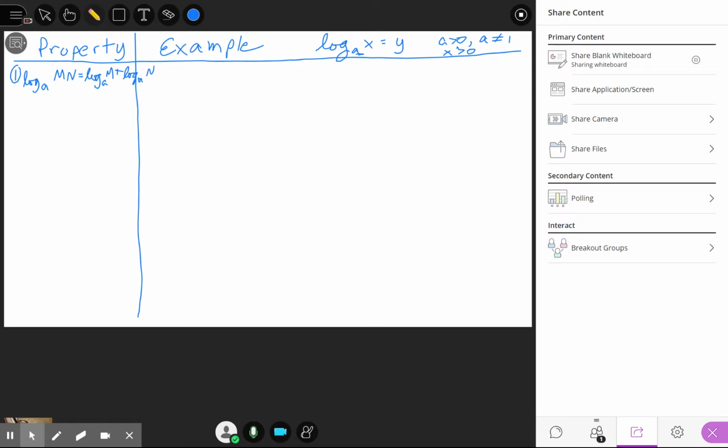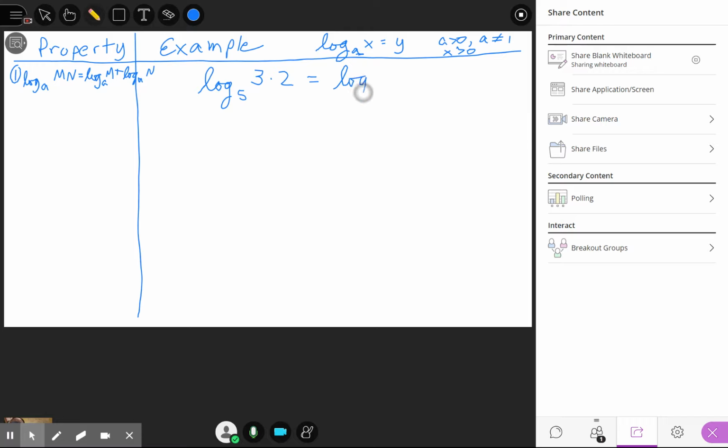So let's give an example of this, meaning we're going to plug a number in for a, a number in for m, and a number in for n. Let's choose 5 for our a value. So we'll have log base 5, and I'm going to choose 3 for my m and 2 for my n. You have to choose different numbers than me for your lab.